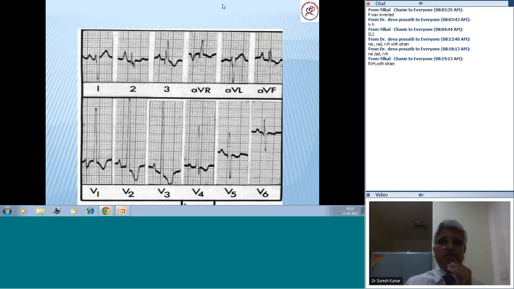Yes, it shows RVH with strain. Good. Now people are getting the point. You do have a right axis deviation. Very good. Satish, you are right.